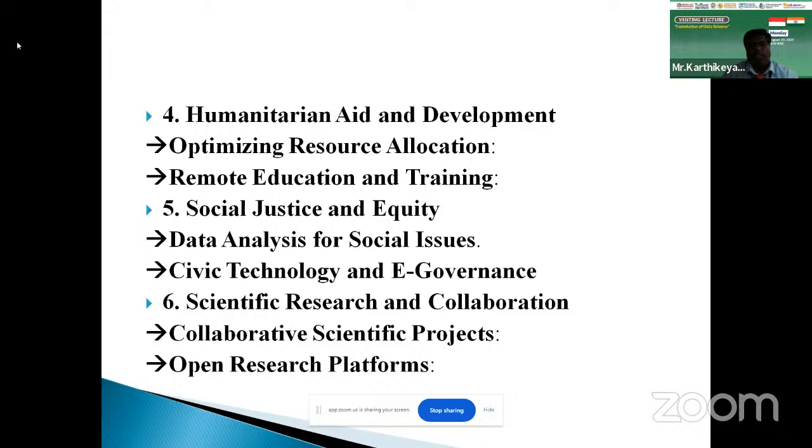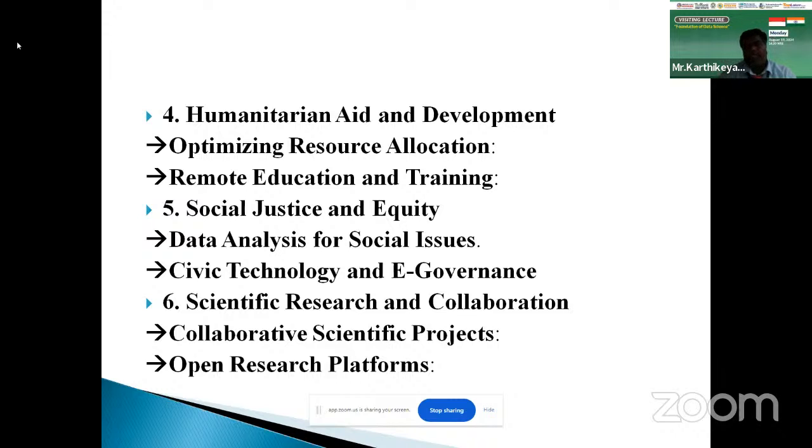For civic technology and e-governance, distributed computing supports platforms, for instance, those that enable online voting or public feedback collection, using distributed computing to manage and analyze the data securely.